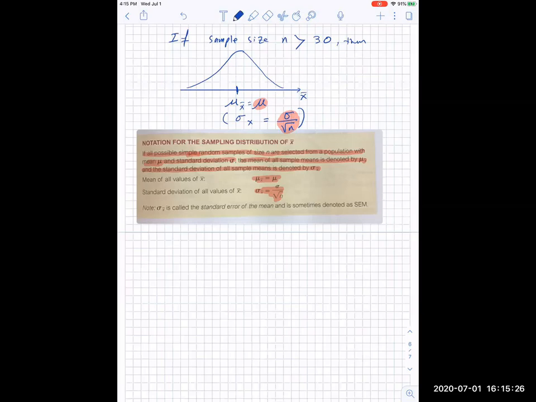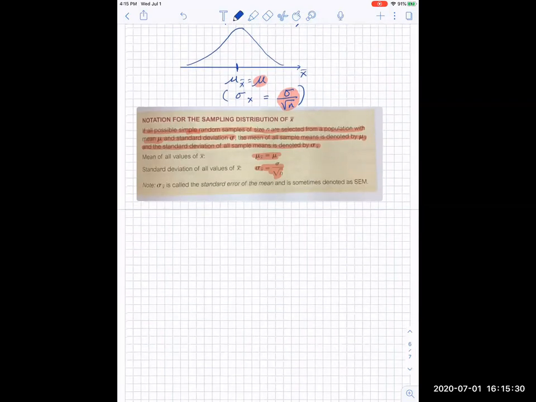Okay, examples. Given test scores have a normal distribution with a mean of 70, let's say 70, and a standard deviation of 4.